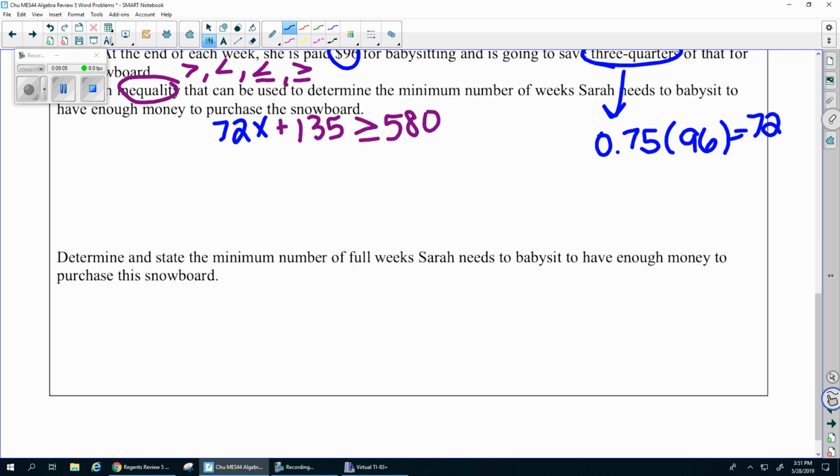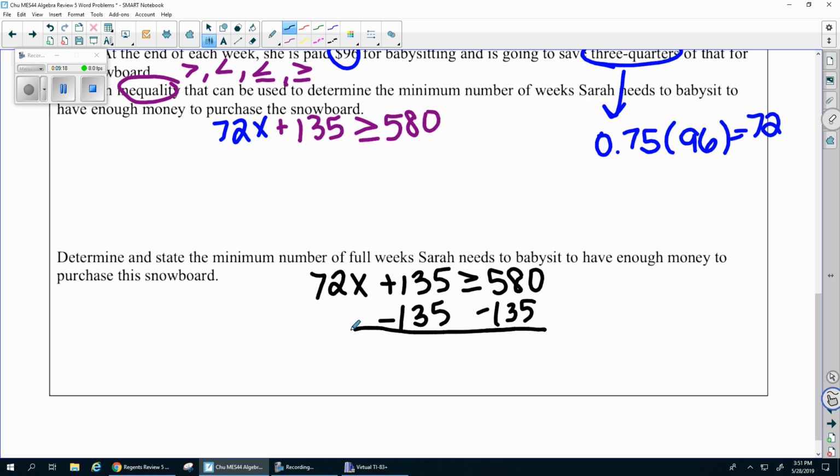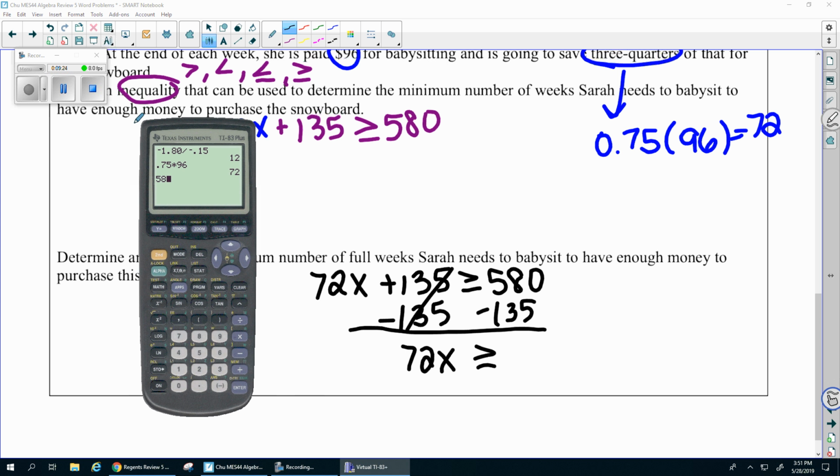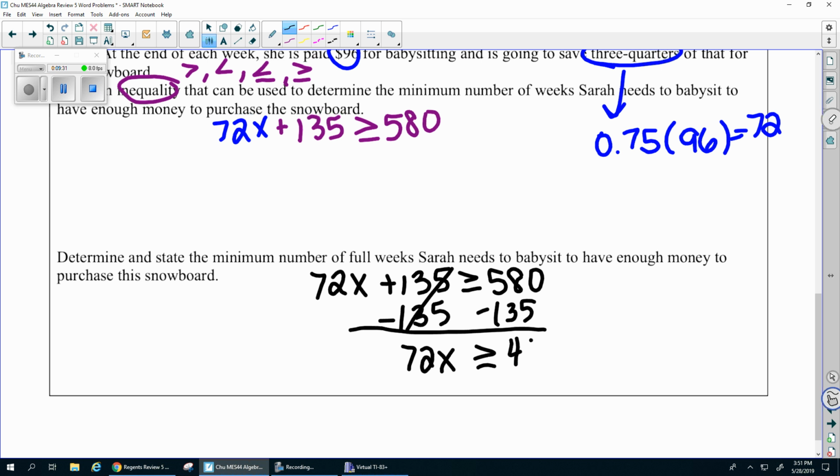So let's go ahead, copy this down here, and see if we can solve. 72x plus 135 is greater than or equal to 580. Okay, first let's minus 135 from both sides. 72x is greater than or equal to, let's use our calculator, 580 minus 135, and I get 445. To solve for x, let's divide by 72.